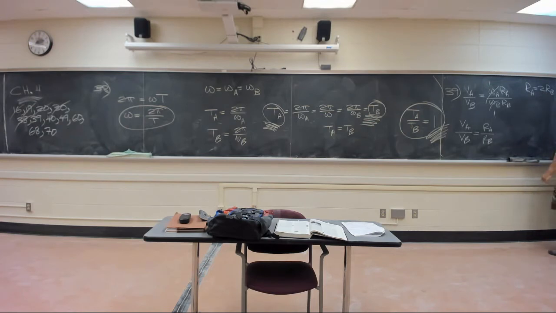So that's all it is. What happens is this is 2 R B, and this is R B. 2 to 1. That's it.